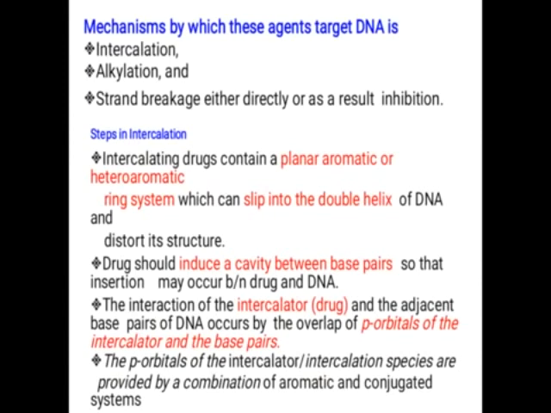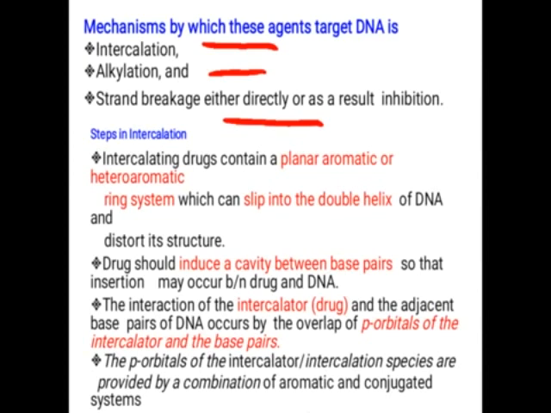Generally, these antibiotics target the DNA, to damage the DNA, so that the uncontrolled growth of cells can be inhibited. And this damage of the DNA can be done by three mechanisms. One is intercalation, second is alkylation, and third is the breaking of the DNA or RNA strand, directly or as a result of inhibition. So these are the three mechanisms by which antibiotics can act as anti-cancer agents.